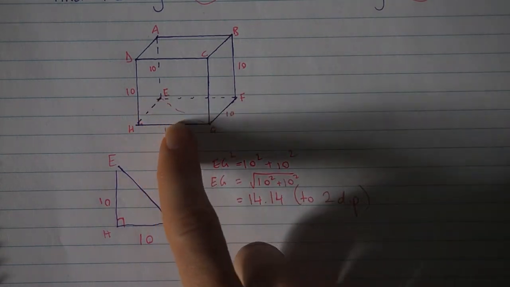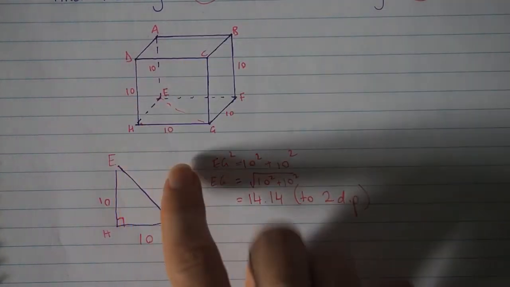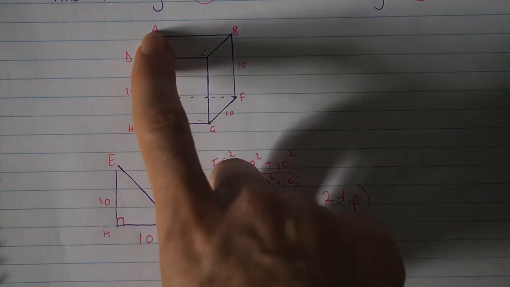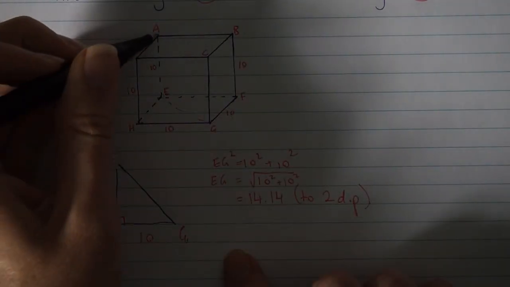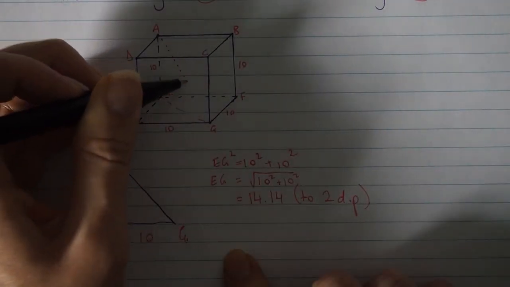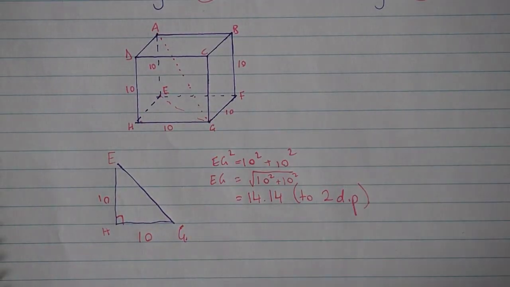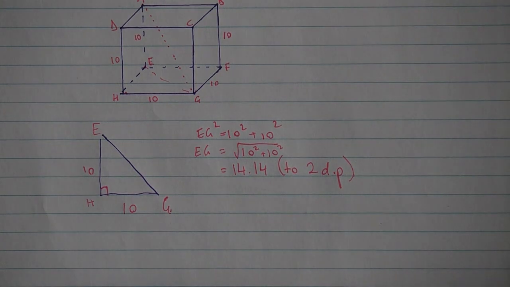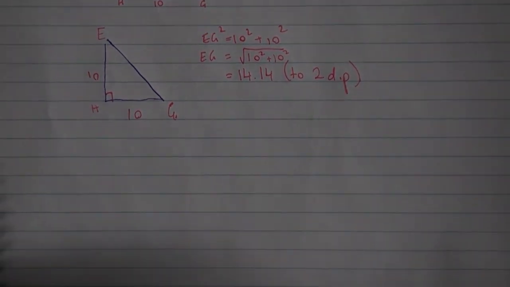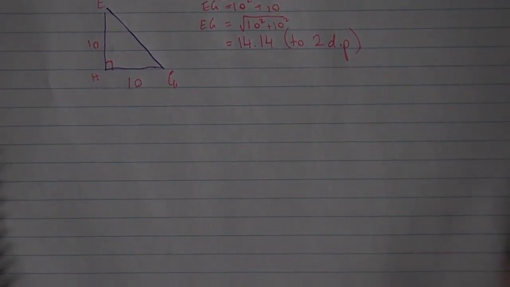So you can see in our cube here, we've got AG is what we want to find. So that's from the back top corner of the cube to the front bottom corner of the cube. So if we were to draw that as a two-dimensional triangle, now I'm going to lose that diagram there, but that's okay.